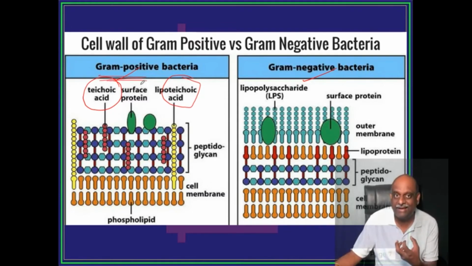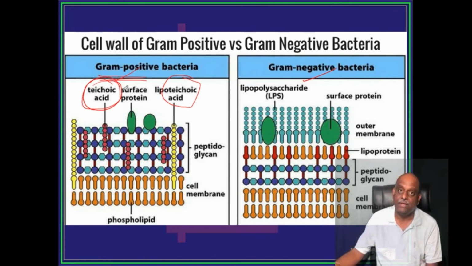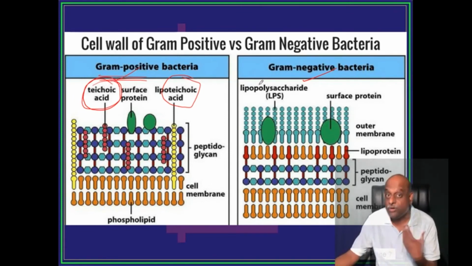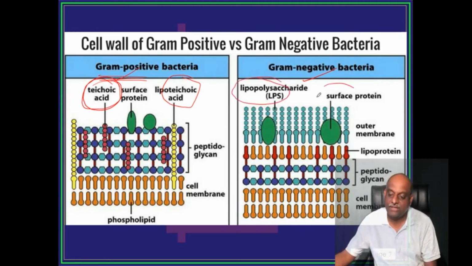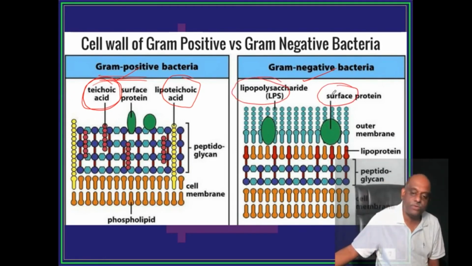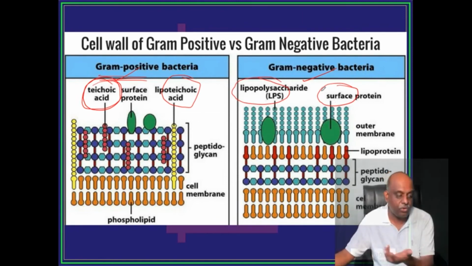Why does it retain the color? It is identified by the presence of teichoic acid. Whereas gram negative produce endotoxic shock and everything. Lipopolysaccharide and a surface protein are the ones which are unique for the gram negative organisms.